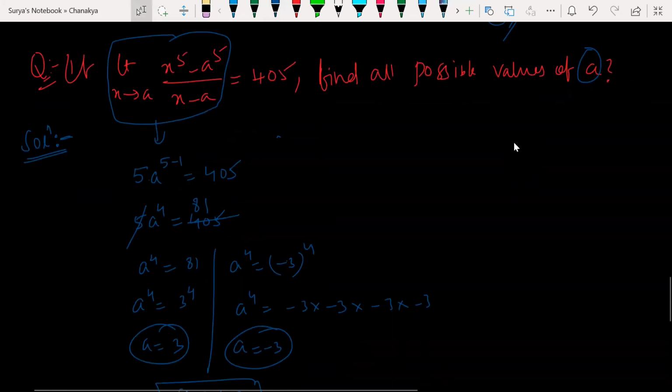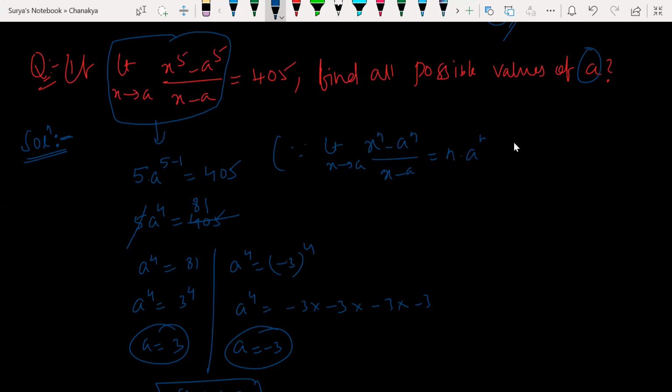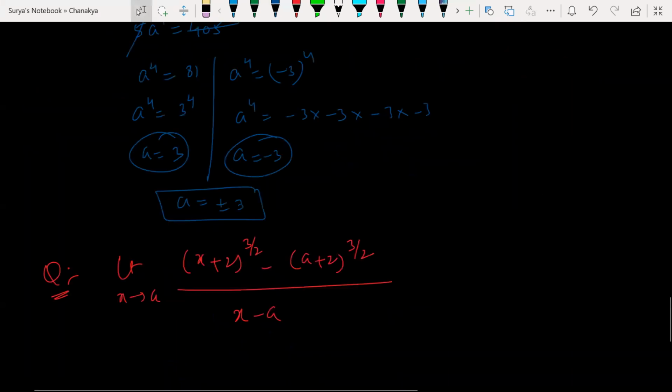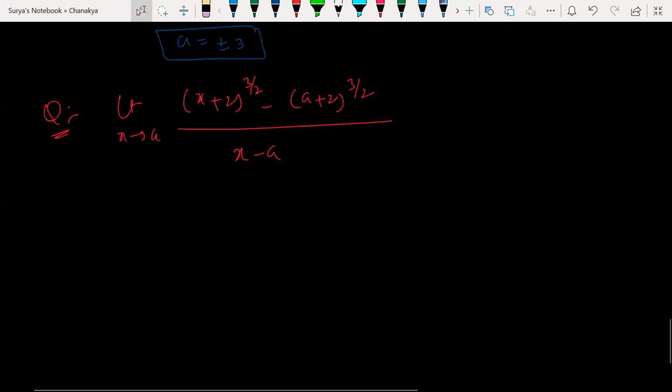Guys, I just use the formula: limit x tends to a, x to the power of n minus a to the power of n divided by x minus a is equal to n times a to the power of n minus 1. This is the formula I used. I wrote this result here. Clear? Now solve this question. Make it fast.